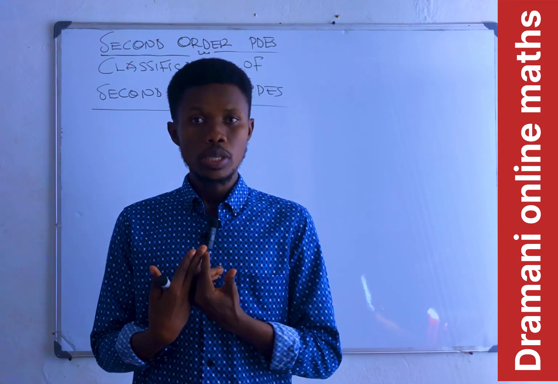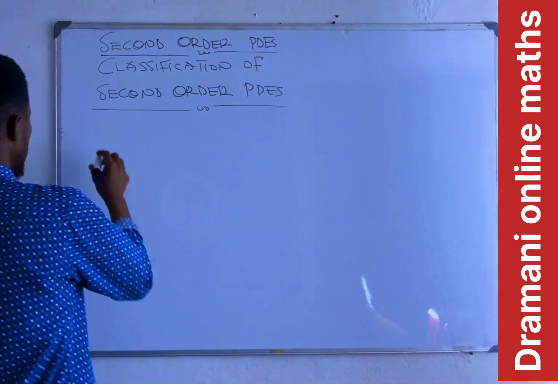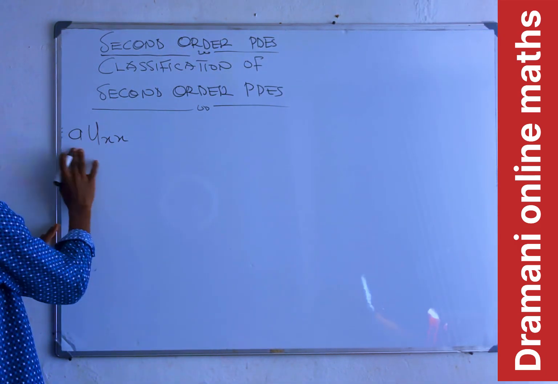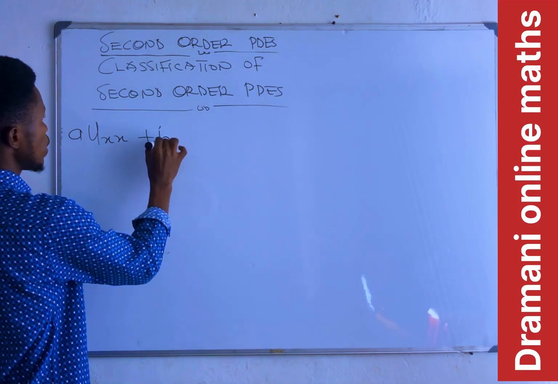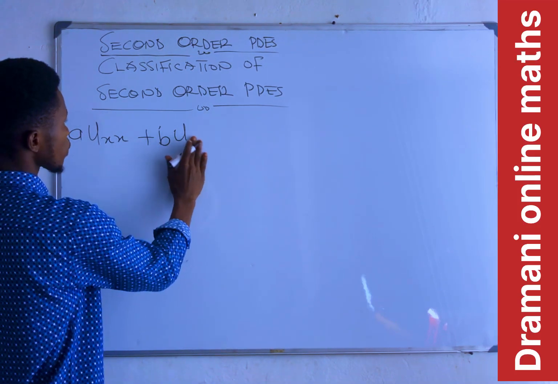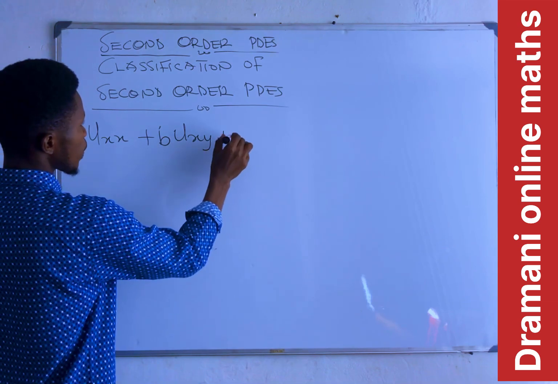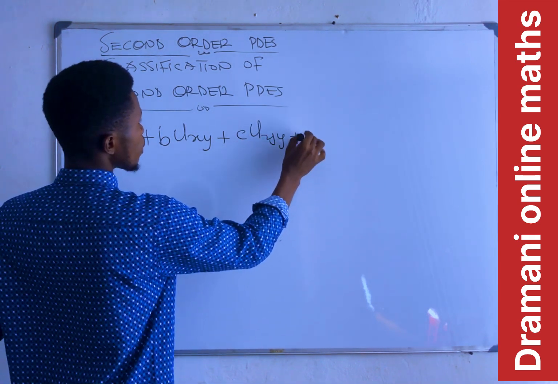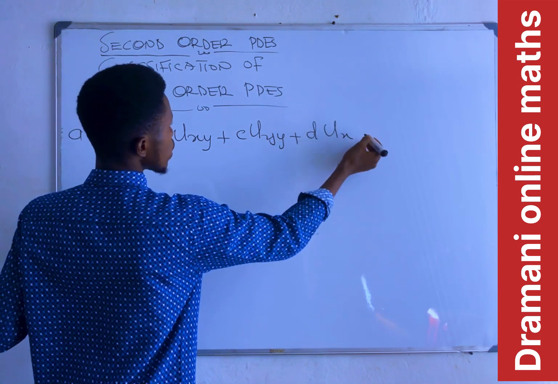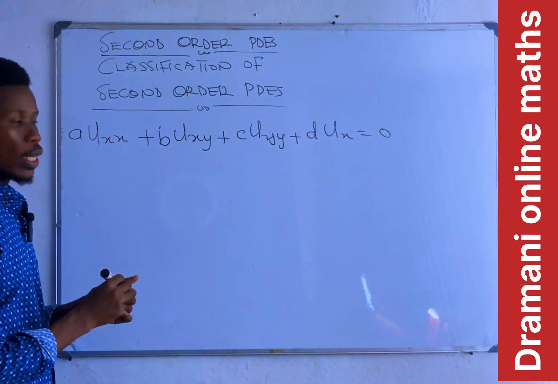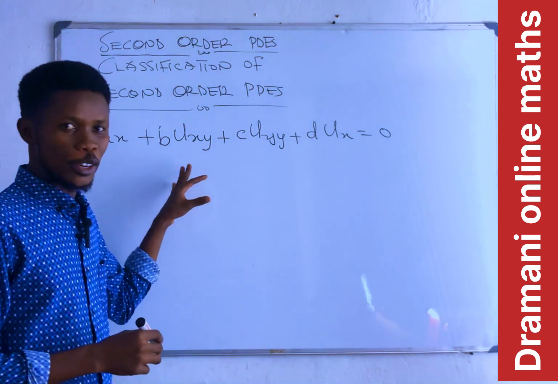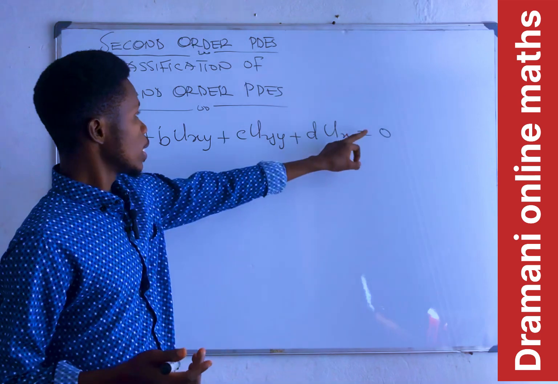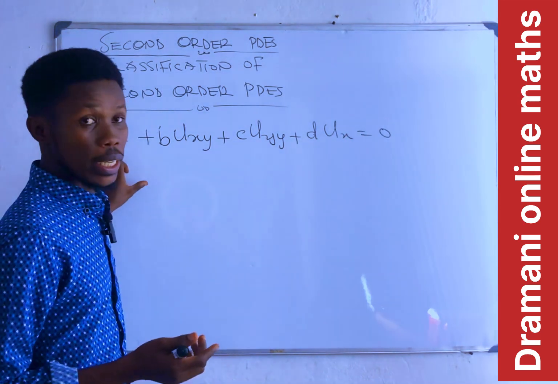So, if I have something like a u_xx, let me bring a as a constant, plus b u_xy plus c u_yy plus, let's say, d u_x equals 0, this is a second order partial differential equation. It is second order because the highest order here is 2.